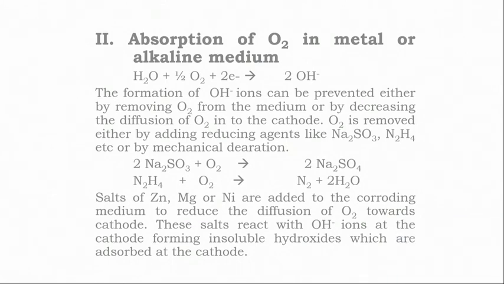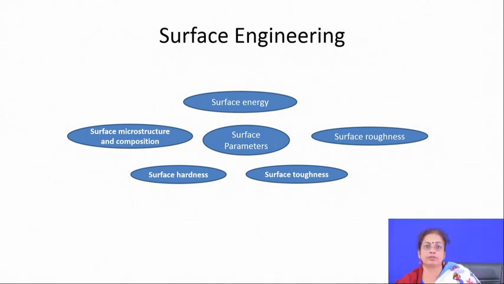Absorption of oxygen can be done by typical sodium sulphite, or hydrazine. These kinds of agents or chemical compounds basically consume oxygen from the system. So, when they consume oxygen from the system, no more free oxygen is available, as a result of which your component gets protected.